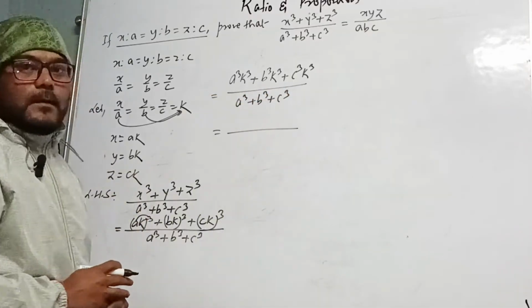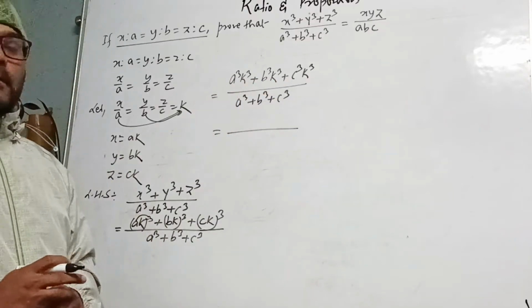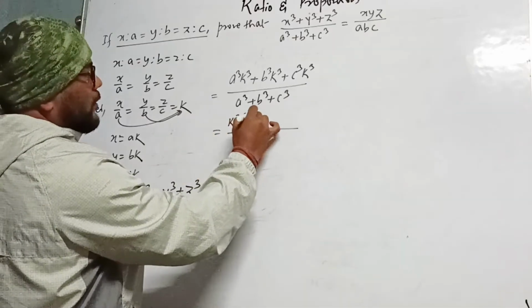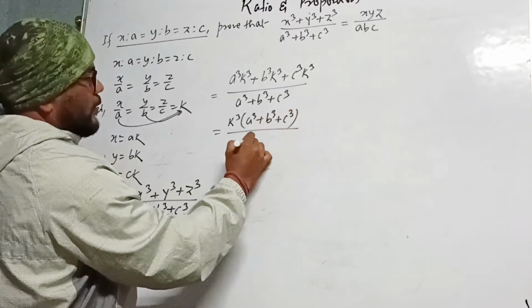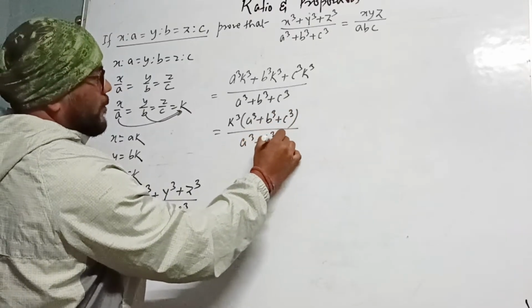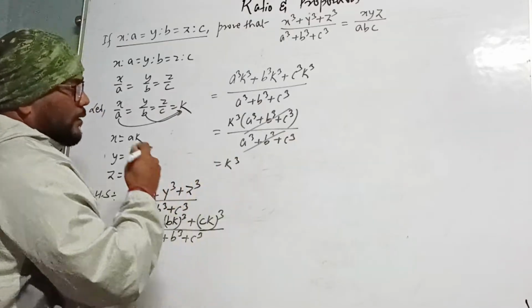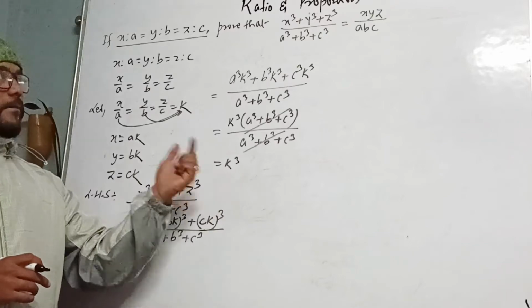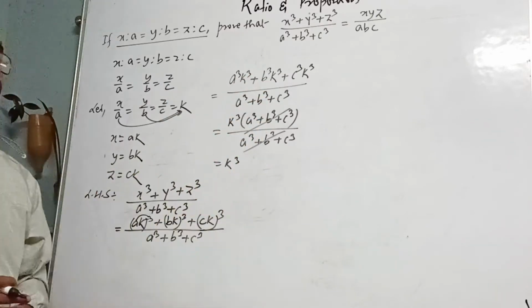Okay, so students, now you just see what you are getting here: common as k cube. So find the common, cancel this one, and we have found the value of LHS as k cube. Now try to make the RHS as k cube, then your answer will be proved.